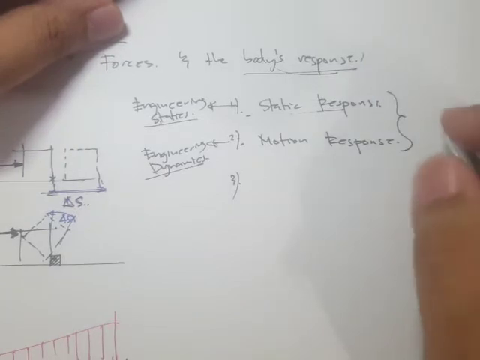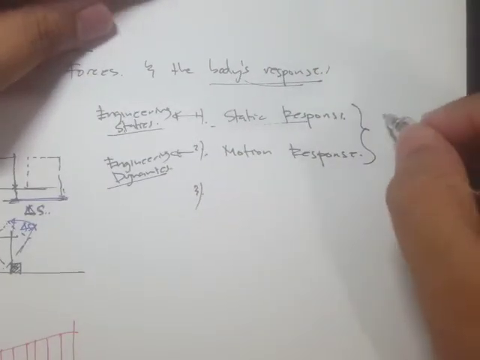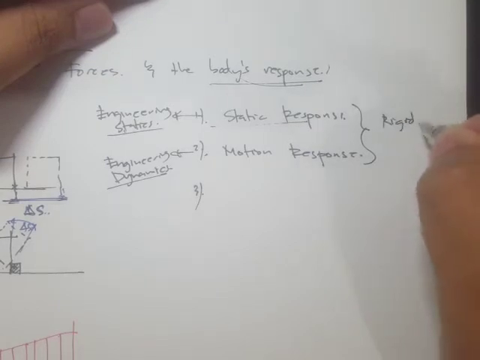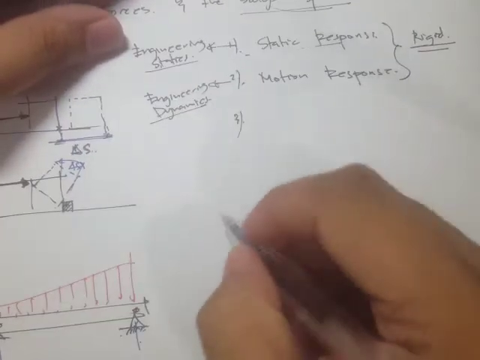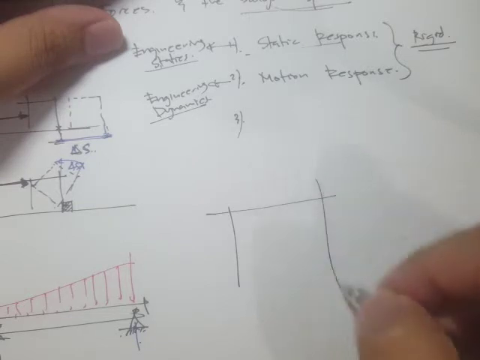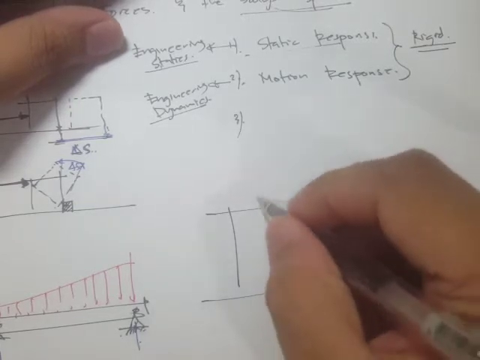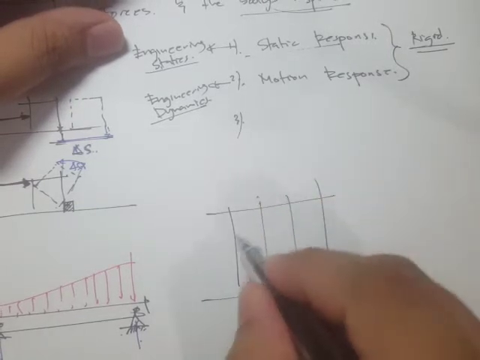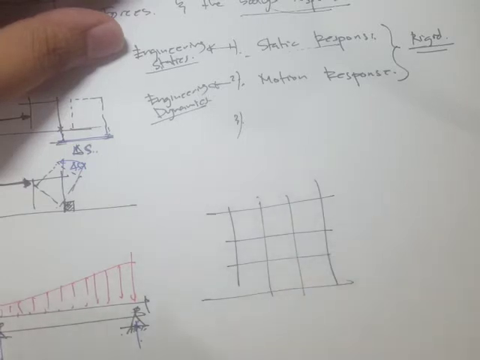If you recall, in these two subjects, we assume that a body is rigid. When we say rigid body, if this is our body, we try to locate some points or make some grids.